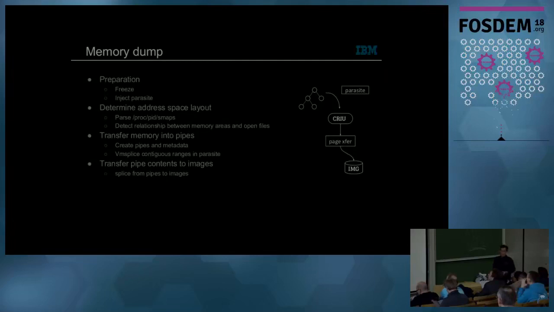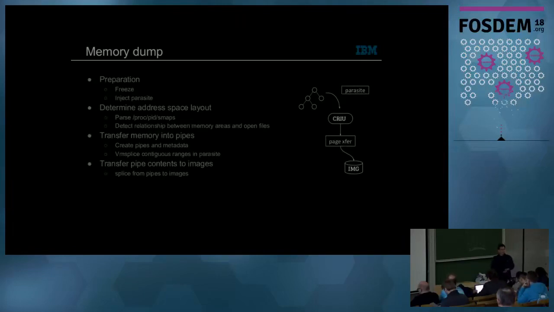The next step is that the CRIU engine sends a command to the parasite in the victims to transfer memory contents to open pipes, because for now it's the most efficient way to share memory between different processes without actually copying it.